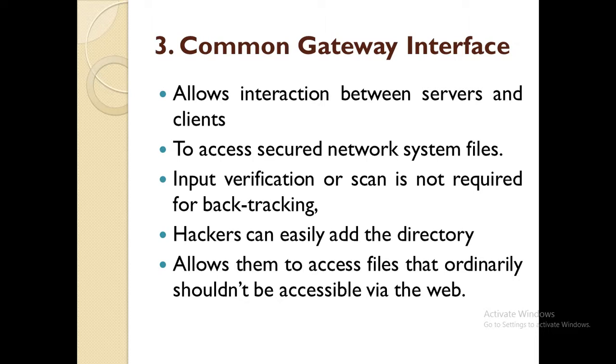Whenever any request comes to the web server, it goes through the common gateway interface, which takes the request to the database, takes that data, and gives it to the server, and the server gives it to the web browser and then to the client.